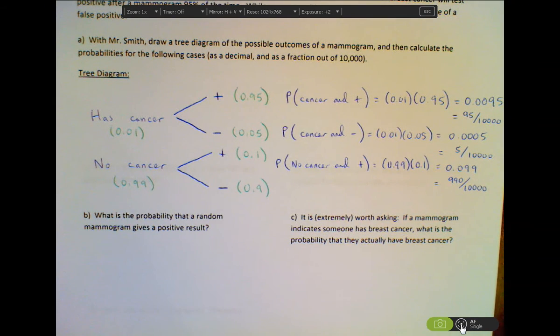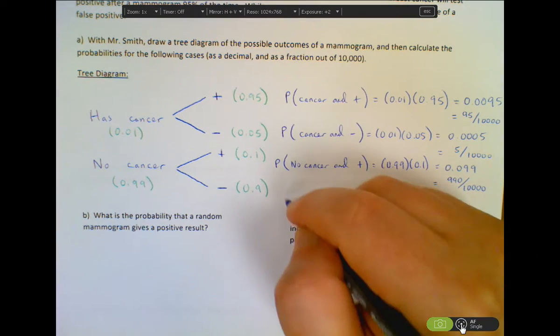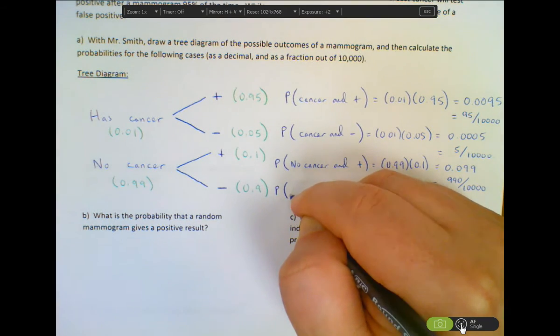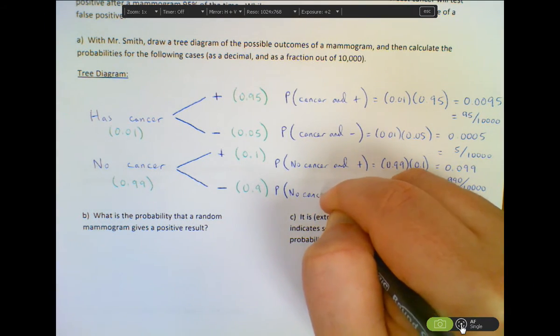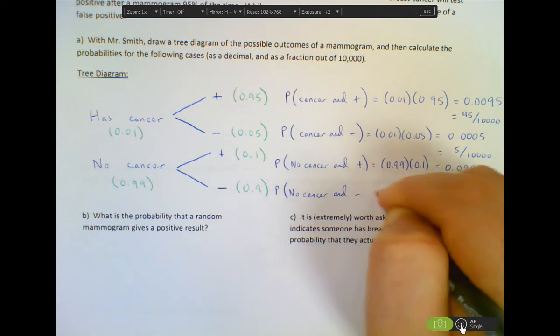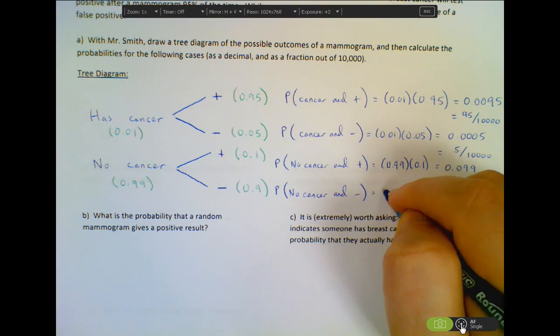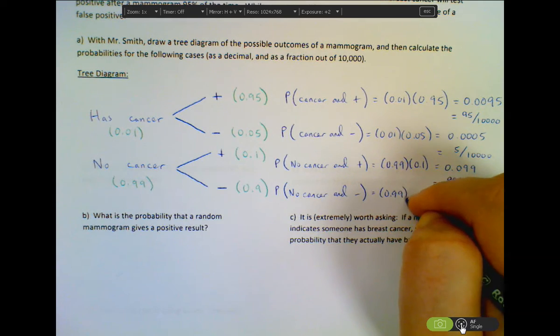So that's 990 out of 10,000. And we'll do that for the one remaining branch as well. So the final would be not having cancer and testing negative, which is the ideal thing. So that you don't have cancer and the test works.